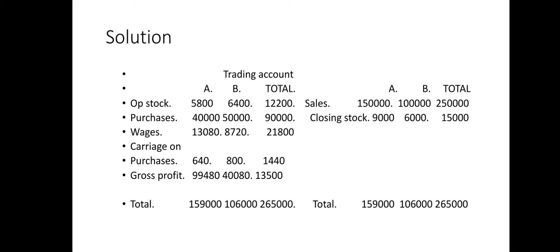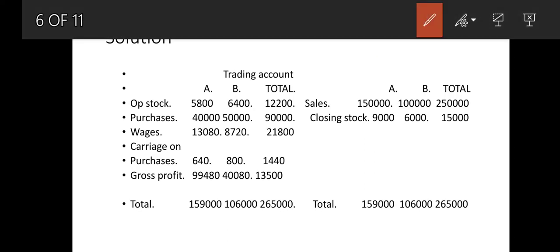Move towards the solution. It's a trading account, and we have already discussed that opening stock will appear on the debit side of the trading account, and you can see that opening stock appears on the debit side, and it's already mentioned in the question, so we write it as it is: 5,800 for department A, 6,400 for department B, and 12,200 as a total.